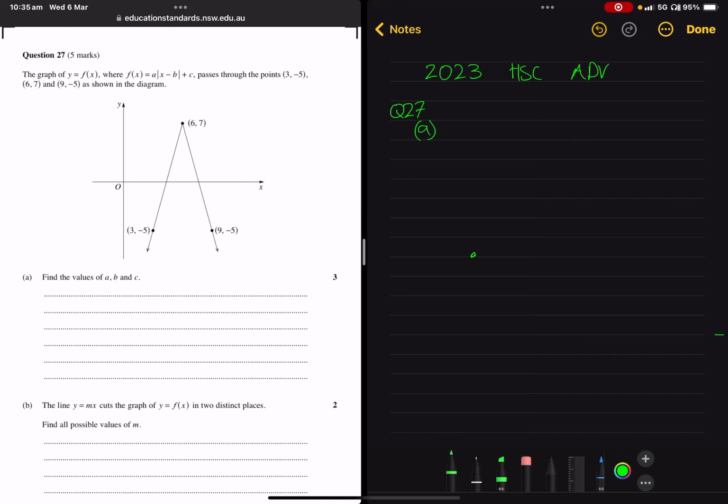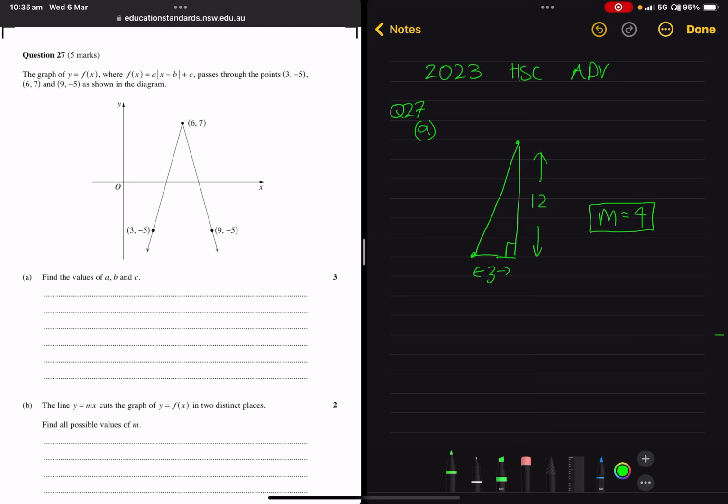This has positive slope. It goes from a y of -5 to a y of 7, so the rise is 12. It goes from an x of 3 to an x of 6, so the run is 3. So the slope of this line is rise over run, which is 4.